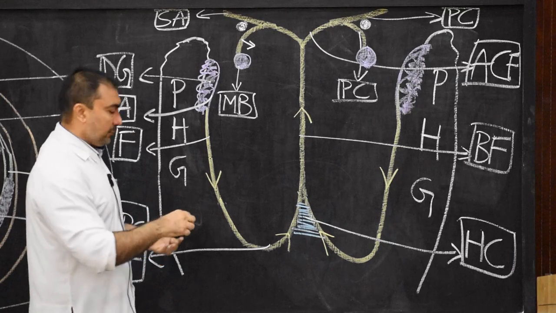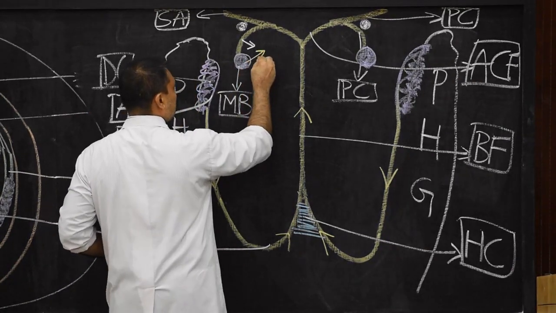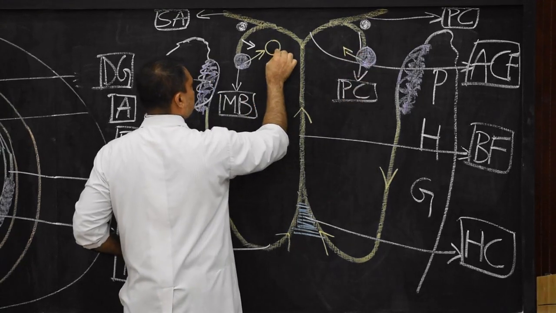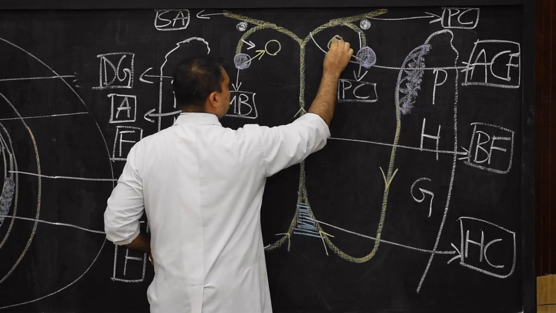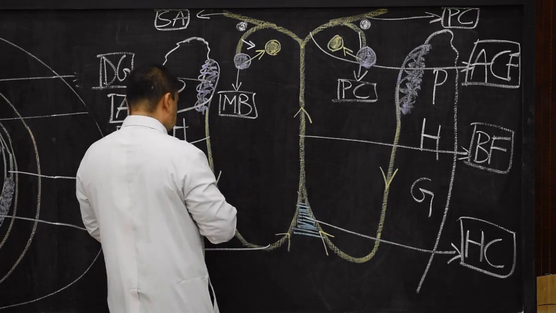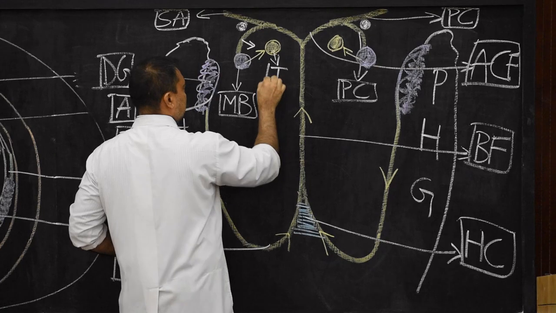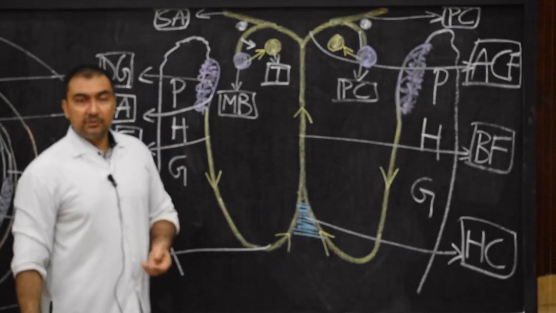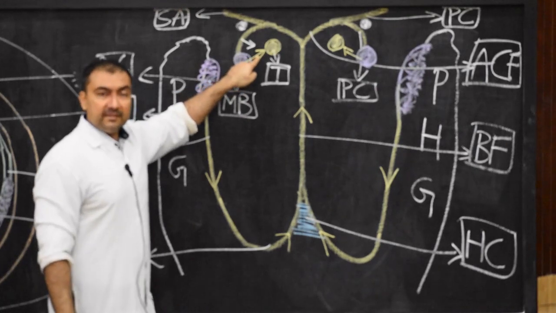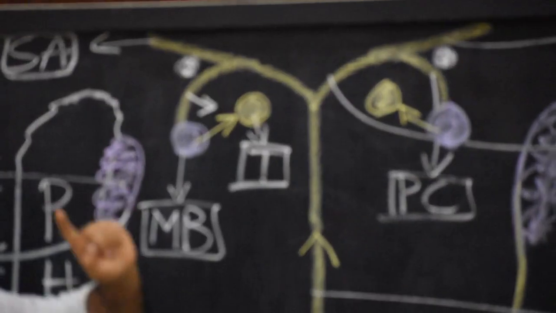From the mammillary body, the fibers will be relayed to the anterior nucleus of thalamus, or simply the nuclei of the thalamus. Here we will mark this structure as the nuclei of thalamus, through the mammillothalamic tract. So the name of this tract is the mammillothalamic tract, from the mammillary body through the mammillothalamic tract to the nuclei of thalamus.